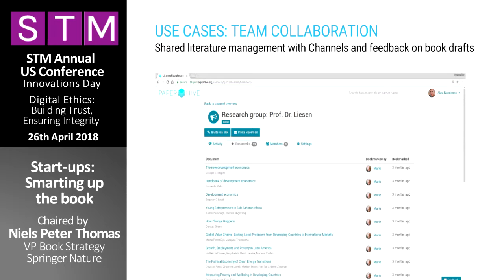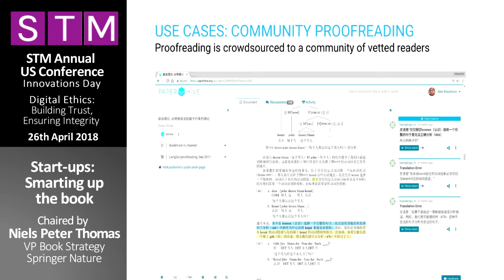For example, you have a research group, and you start discussing in this research group books or articles that are relevant for this. By the way, PaperHive is working for both journal articles and books. We started actually with journal articles and preprints, and later figured out that it's actually amazing for books too. So that's now actually a book here.